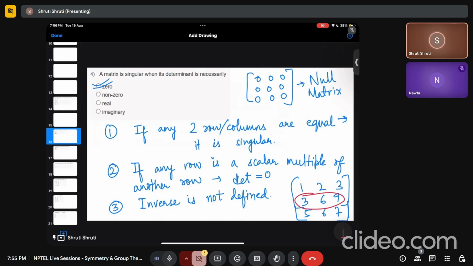You can take out 3, then it will become the same, right? So now it satisfies the first rule, that two rows have become equal. This is then a singular matrix.